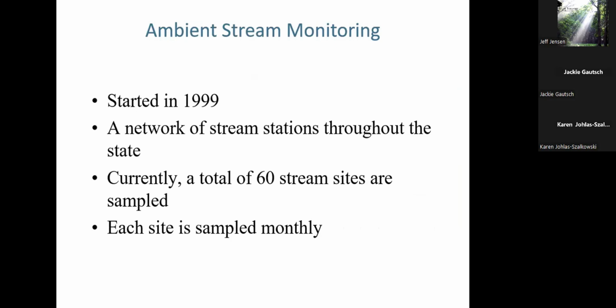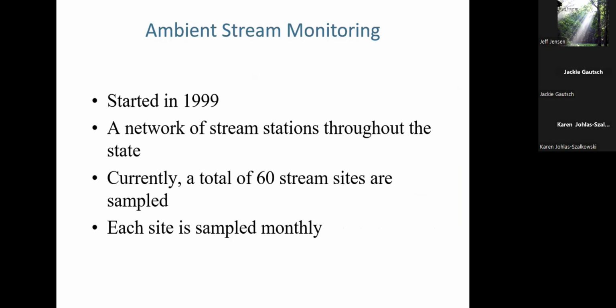The next one I'm going to talk about is our stream monitoring program. So this roughly started in 1999 and is a network of stream stations throughout the state. Big partners with this program are going to be USGS. A lot of the sites that we have are where USGS maintains a flow monitoring station.